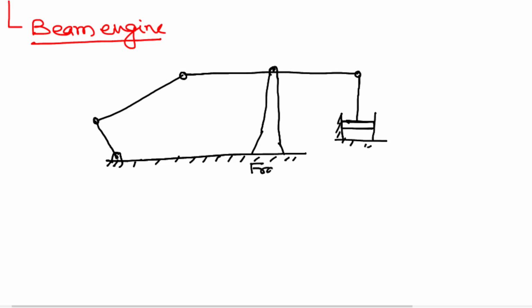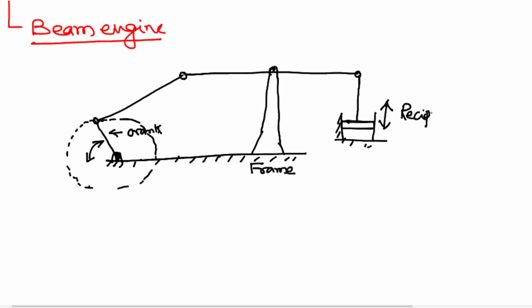So this is frame, this is crank, it rotates about this. All are turning pairs. The output is reciprocating, and here this is rotary motion.